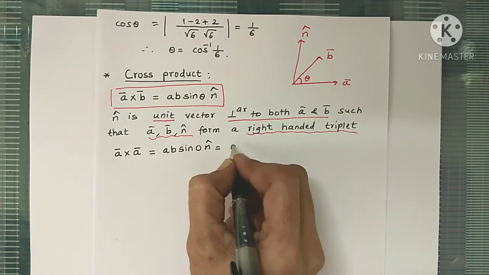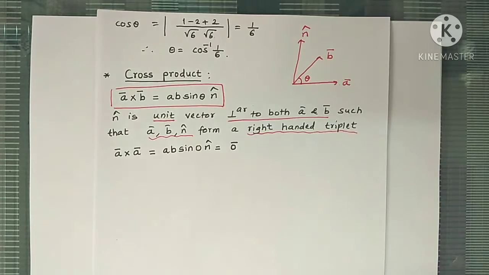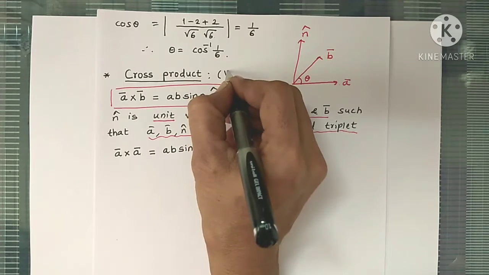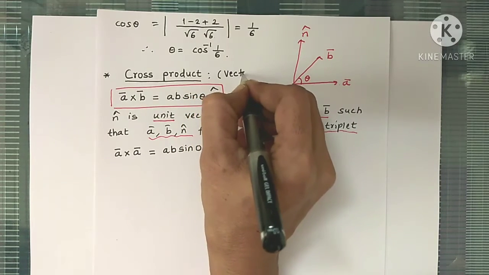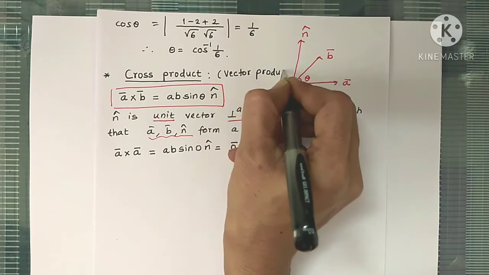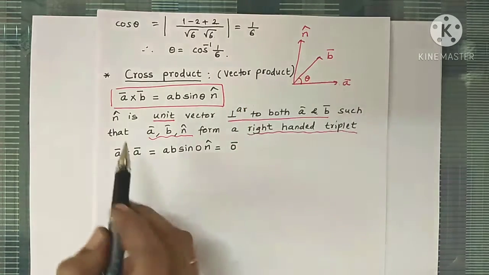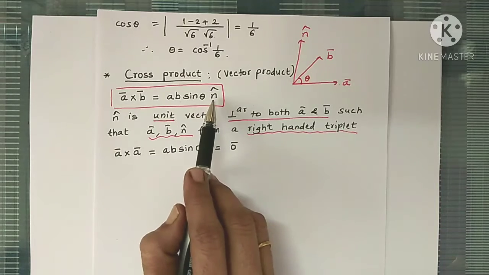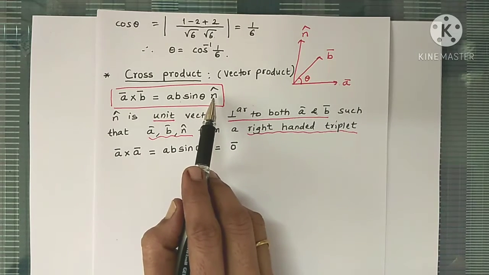So this 0 makes all the terms 0. So we get 0, not 0, it is 0 bar, as it is multiplied by n cap, it is a vector product. So the other name for cross product is vector product. Why is it a vector product? By the property. Cross is the notation used here, and the property is that the product is a vector, as in the definition we have n cap, which is a vector.